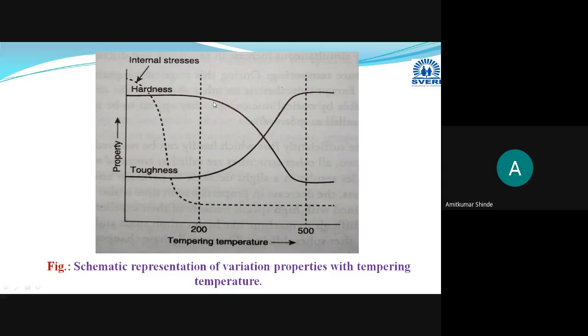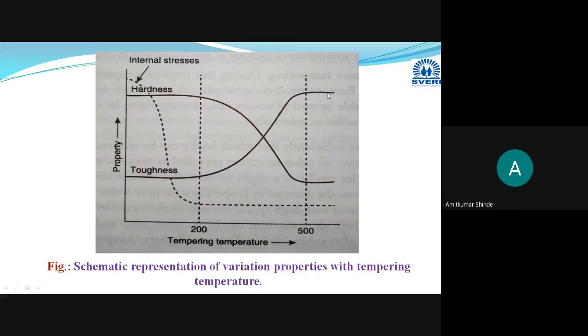Then hardness: in low temperature tempering, hardness will remain approximately the same, but in medium and high temperature tempering, hardness will get reduced. This is the high temperature zone, and this is the medium tempering temperature zone. For toughness, you can see the toughness values.